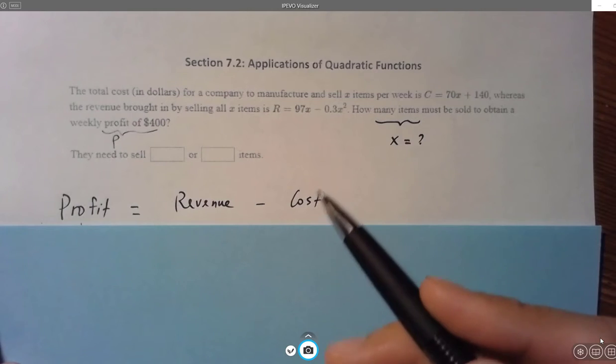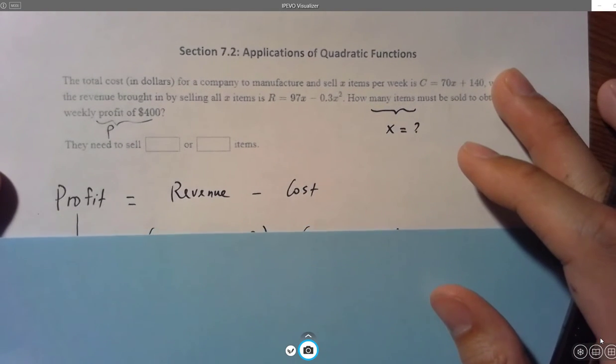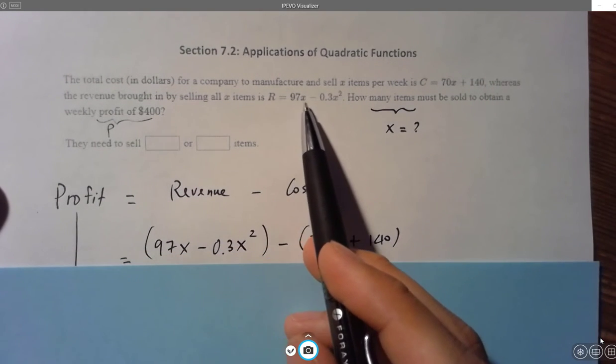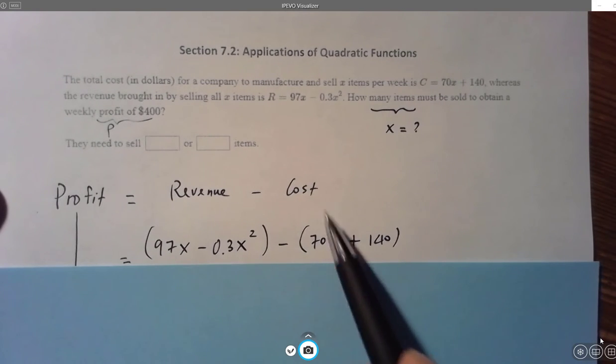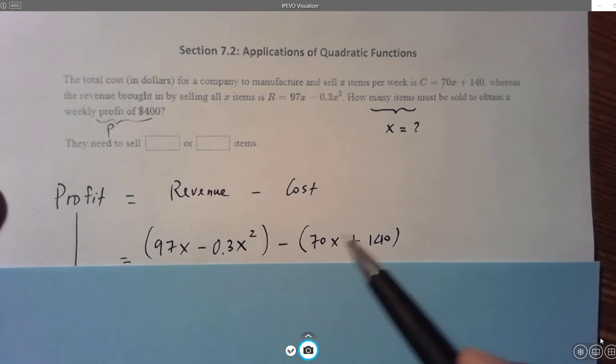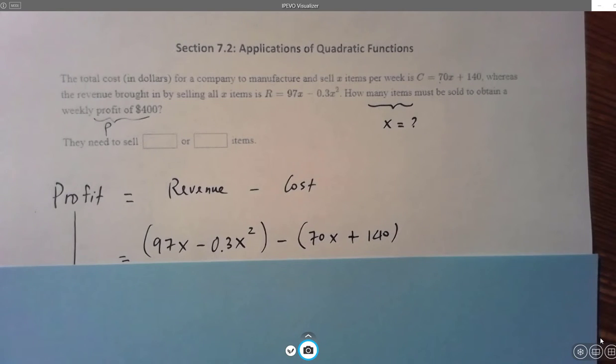Now we make the substitution. The revenue is 97x subtract 0.3x squared, subtract the cost, which is 70x plus 140. And now all you do is make the subtraction between these two expressions.